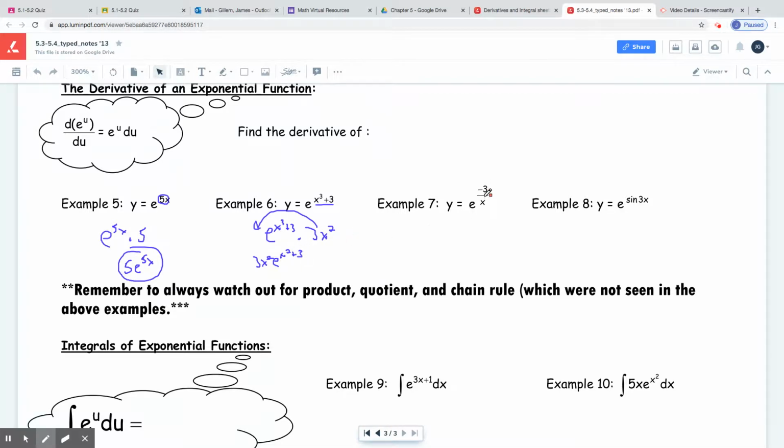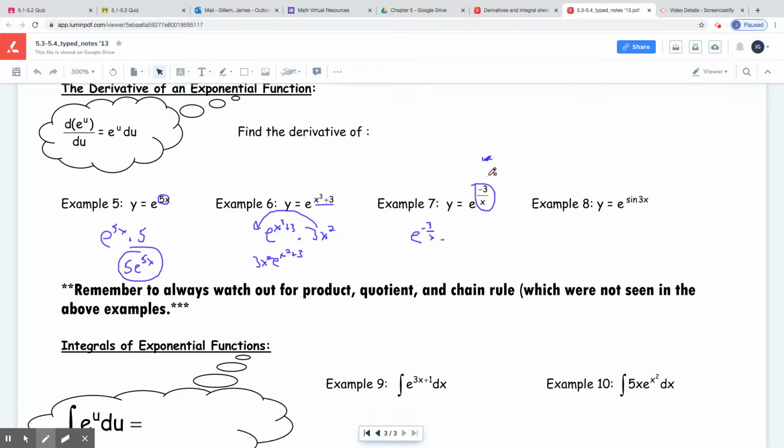All right. Now, rewrite this: e to the negative 3 over x times... Well, how do I take the derivative of negative 3 over x? I can't just do negative 3 to the x and negative first, because then I would end up with 0. So I would have to do almost like a mini u du situation here.